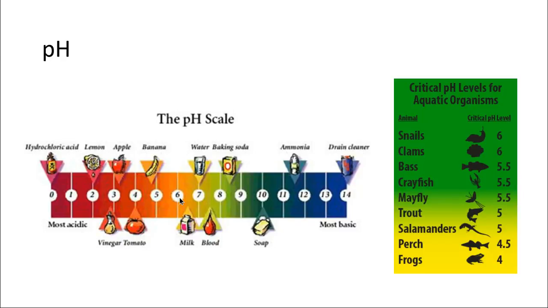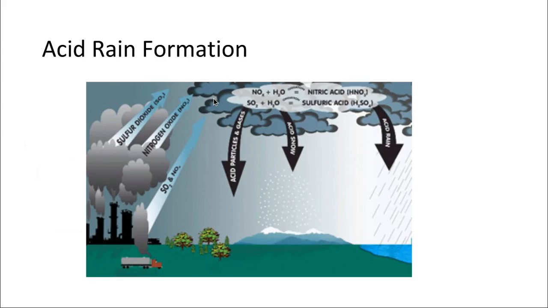Something with a pH of 6 is 10 times more acidic than water. Something with a pH of 5 is 100 times more acidic. 4 is 1,000, 3 is 10,000. So an apple is 10,000 times more acidic than water. So it is logarithmic, with acidic over here and basic on the right.